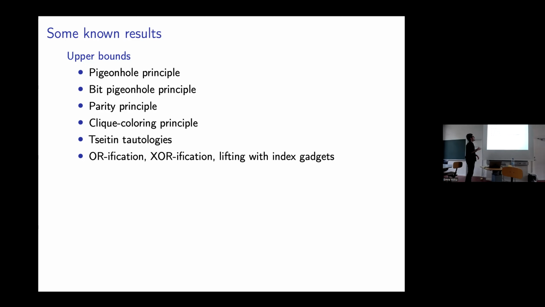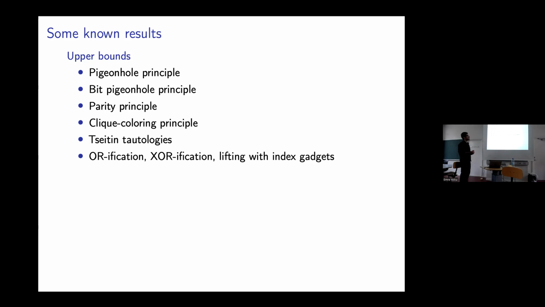The parity principle says that you cannot have a graph on an odd number of vertices such that every vertex has degree 1. The clique coloring principle says that you cannot have a graph that has a k-clique and is simultaneously (k-1)-colorable. Those are all simple facts, but the proof systems studied in proof complexity, some of them at least, have a hard time refuting them. Then there's Tseitin, let's get into that.